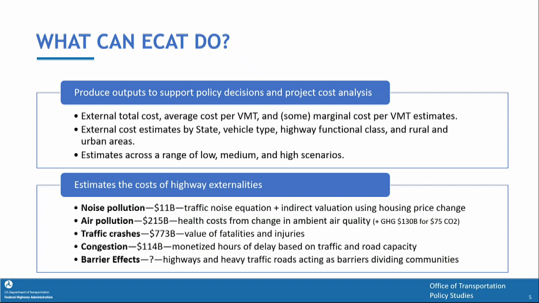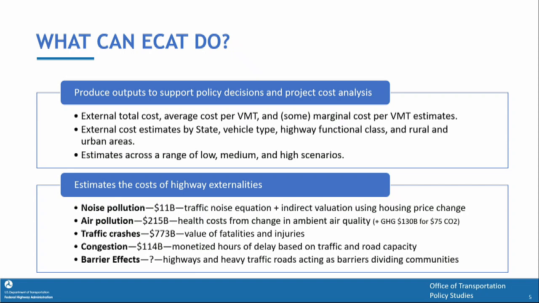Fundamentally, it can produce outputs to support policy decisions and project cost analysis. And it can do this in terms of external total cost per category, average cost per VMT, and in some categories, the marginal cost per VMT. It can break these costs down by state, by vehicle type, by highway functional class, as well as by rural and urban areas. And due to the inherent uncertainty in some of the models and parameters that are used to generate these estimates, we have a range of low, medium, and high scenarios.